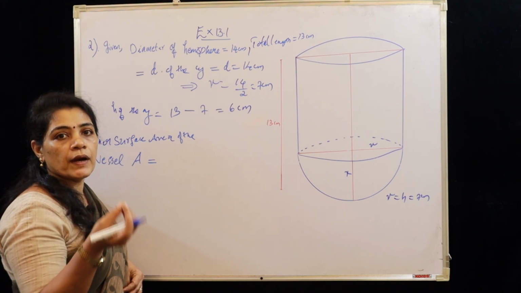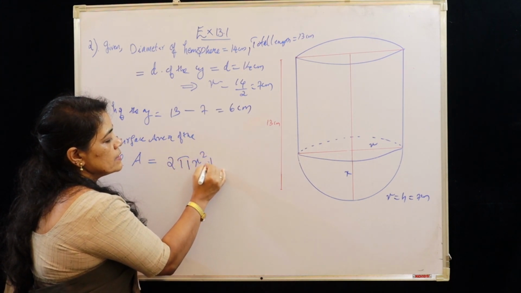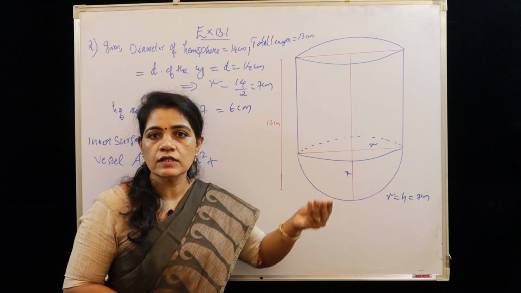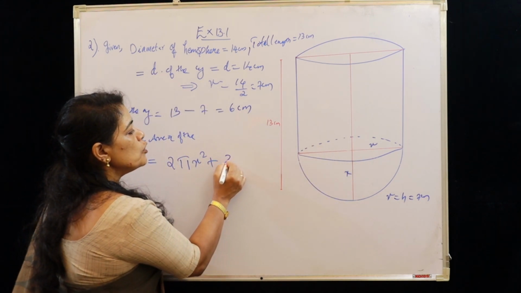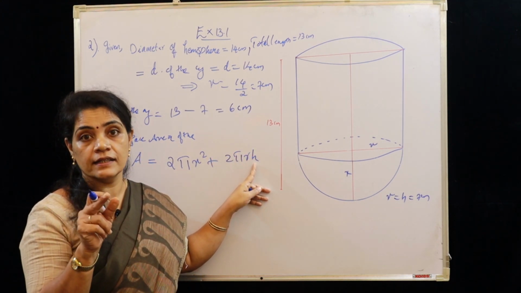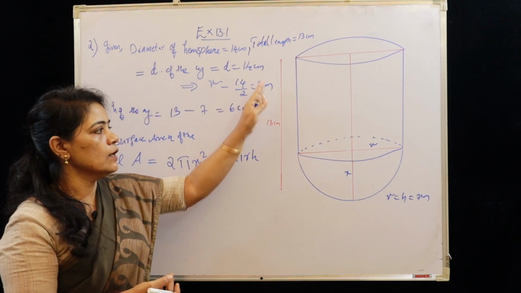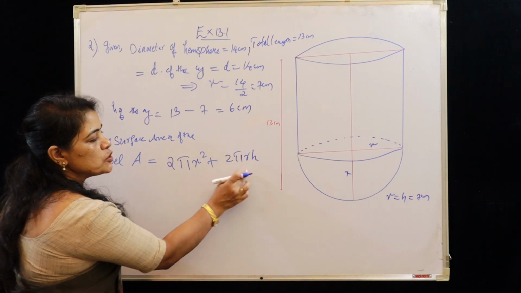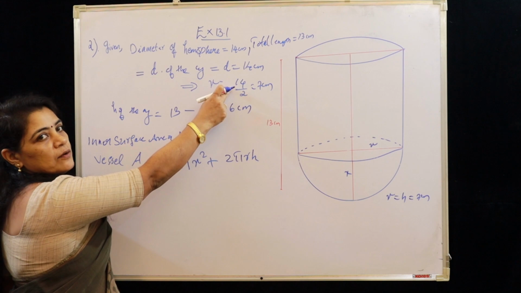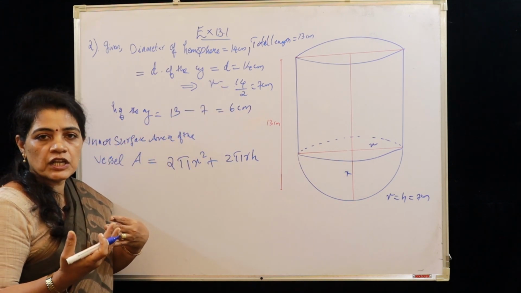That is 2 pi r square, plus the CSA of the cylindrical portion, the hollow cylinder, that is 2 pi rh. This h stands for the cylinder, the separate height we have taken from the total length of the vessel. In these two terms, 2 pi and also r, the radius is the same for both shapes because they exactly coincide.